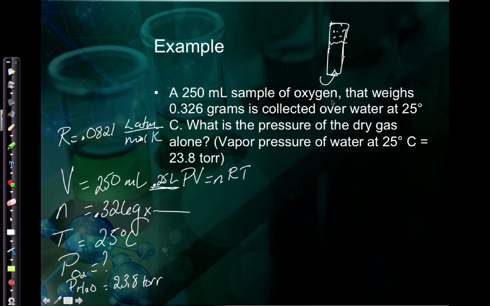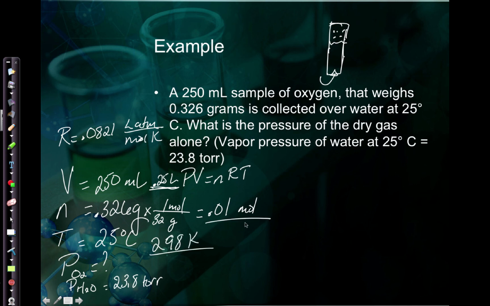So O2, oxygen gas, would be 32 grams. All right, so let's go ahead. It's 0.326 divided by 32. That's going to give me 0.01 moles. 25 degrees Celsius is actually 298 Kelvin.